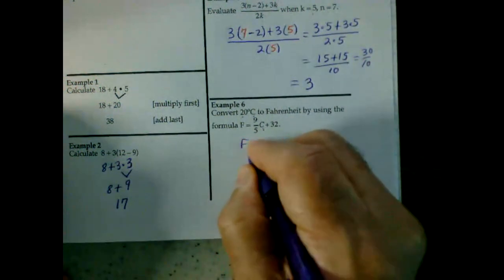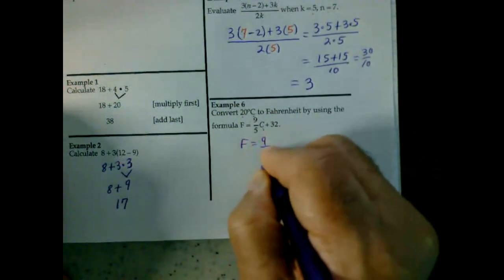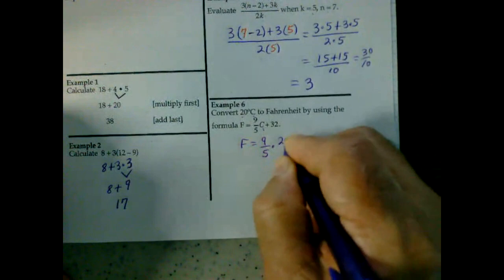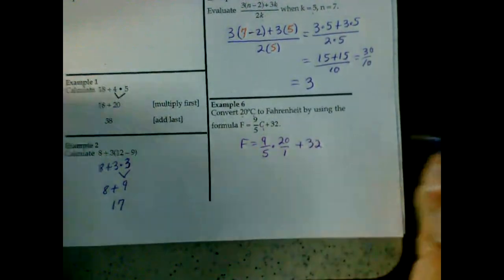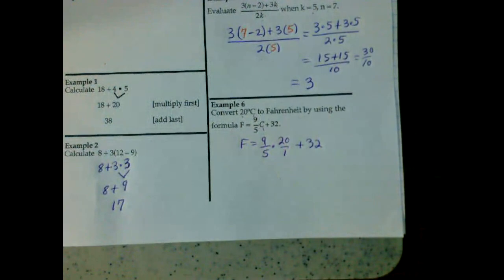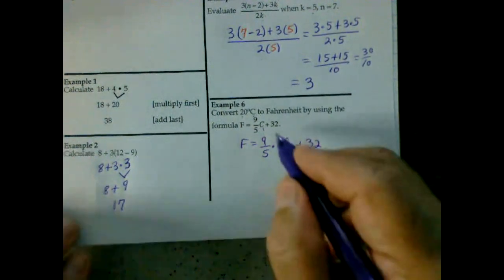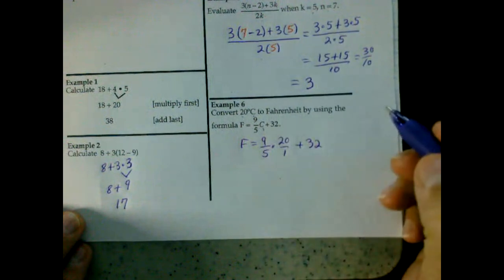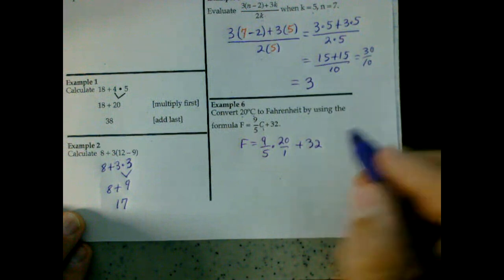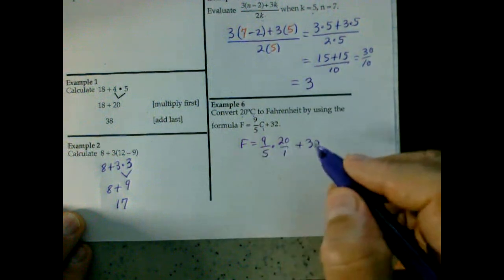So this is what it's going to look like. 9/5 times 20 over 1 plus 32. It's important that we have our arithmetic skills in place, especially the fractions, because some of the calculators that you will have to use on the TSI do not have fraction capability.